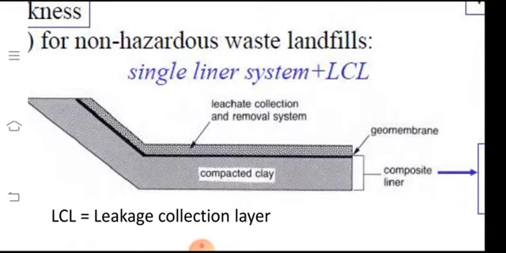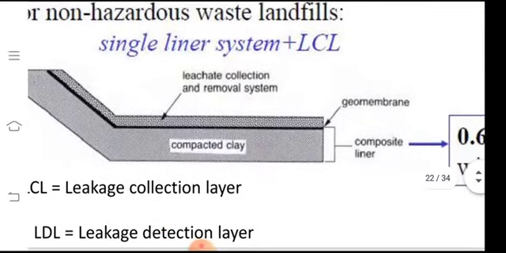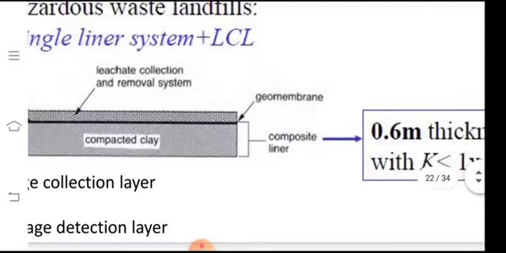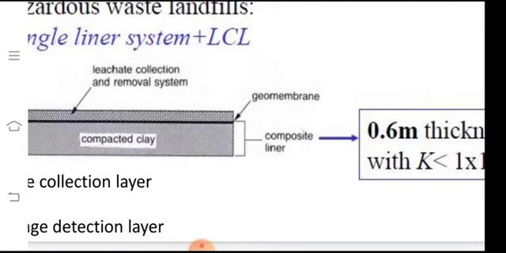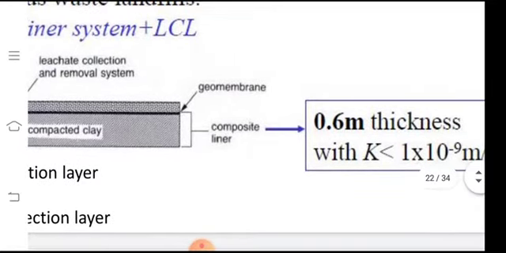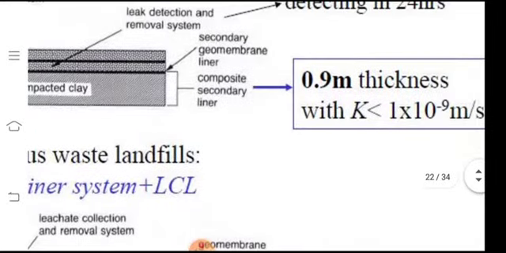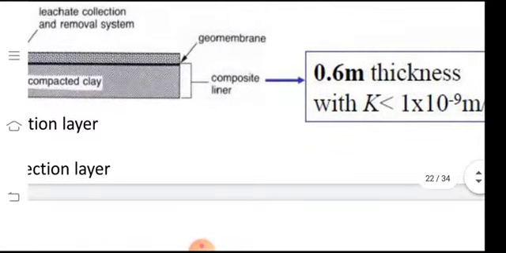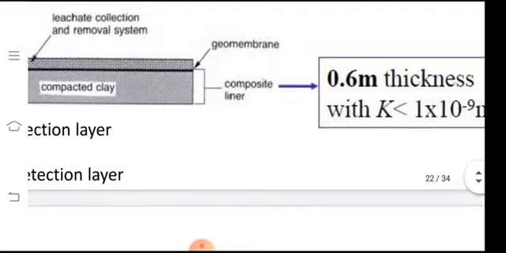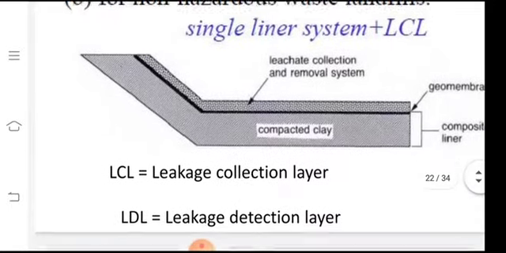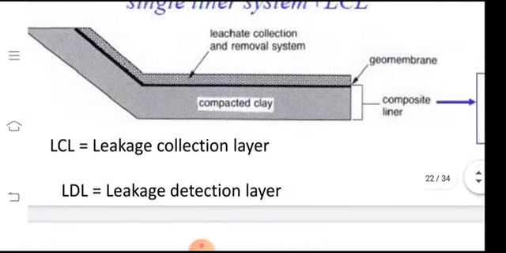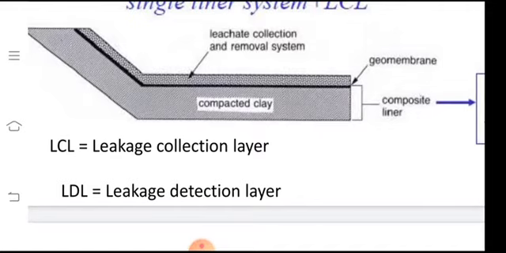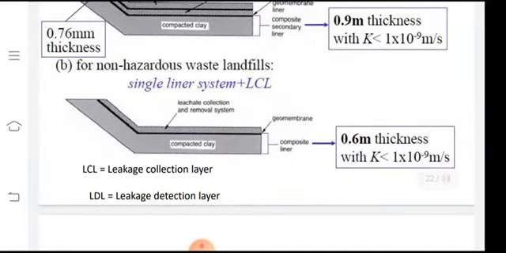This has a comparatively less complex system, and the composite liner is 0.6 meters in thickness, while earlier it was 0.9 meter thickness, and the permeability and hydraulic conductivity are almost the same. Please go through these design criteria for both landfills.